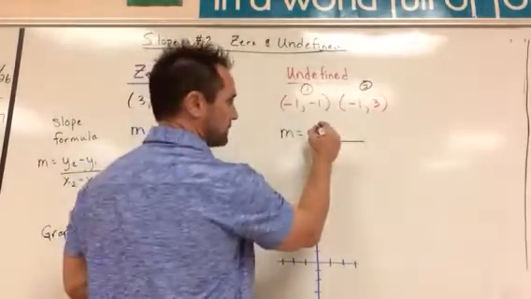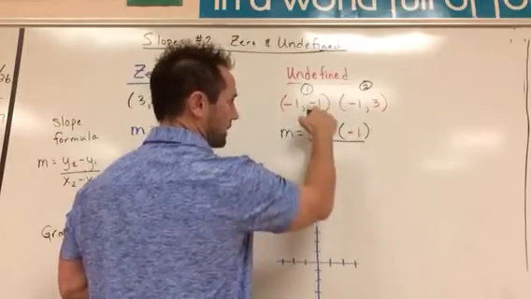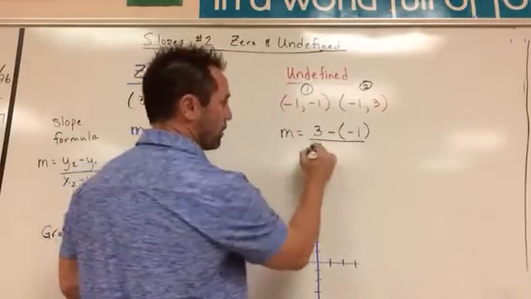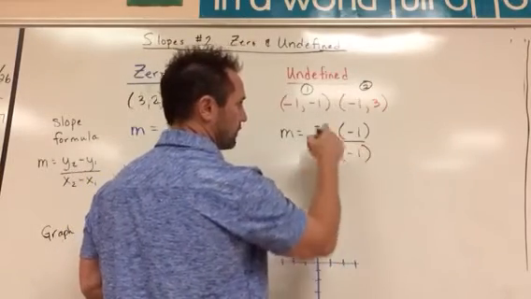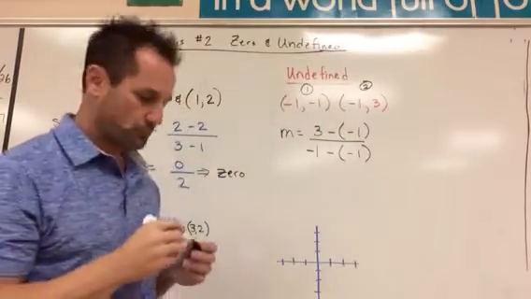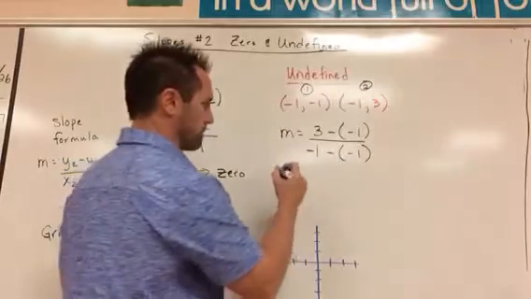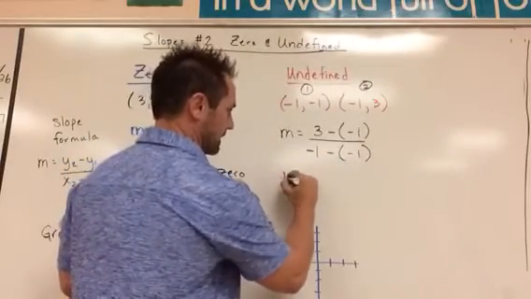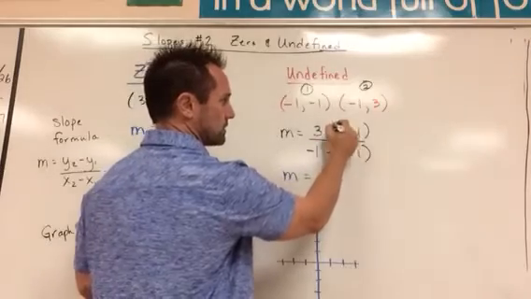So my y2 is 3 minus, and then I have a -1 for my y1, over a -1 minus another -1, x2 minus x1. Okay? And as we do our subtraction problem, we're going to see that m is equal to, when you have two negatives, that turns into a positive.